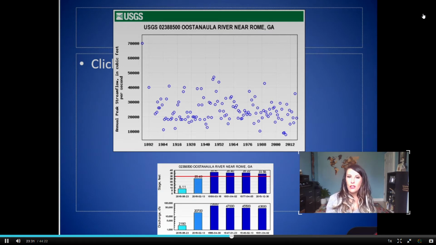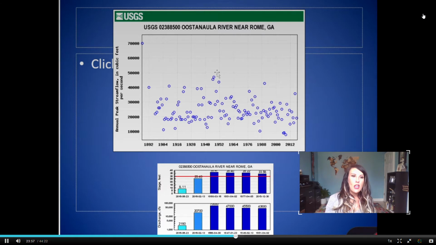So if 1886 is our highest flood event recorded, you'll notice in the 40s, we've approached about 50,000 cubic feet per second. And the flood that happened in 2019, or the picture I just showed you, was only about 40,000 cubic feet per second.